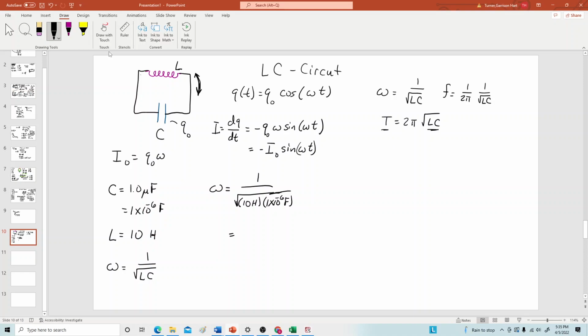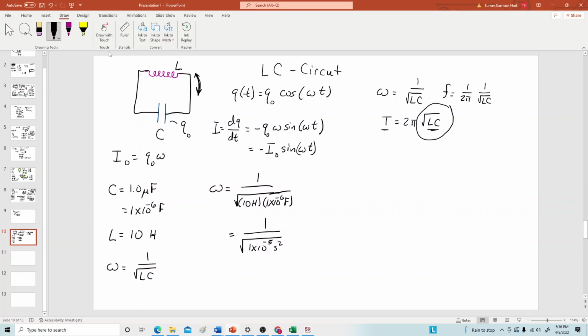So this is 1 over the square root of 1 times 10 to the negative 5 seconds squared. Remember, henries times farads gives you seconds squared, and you can see that from this formula right here. Henries times farads has to give me seconds squared, so that when I take the square root, that gives me seconds.